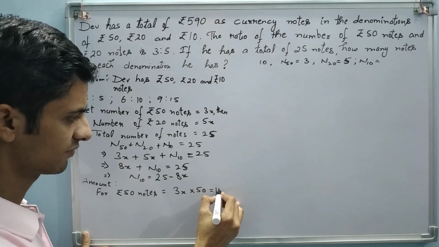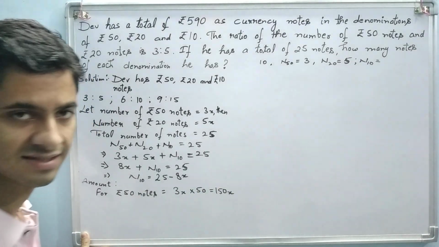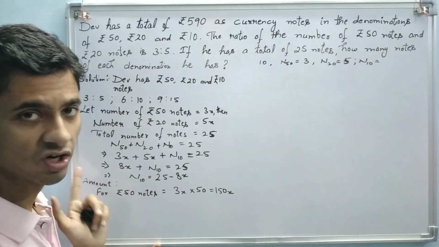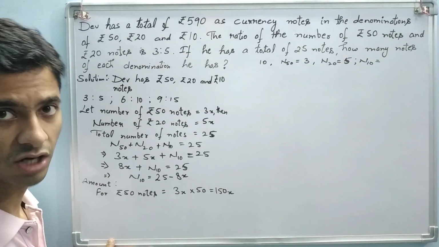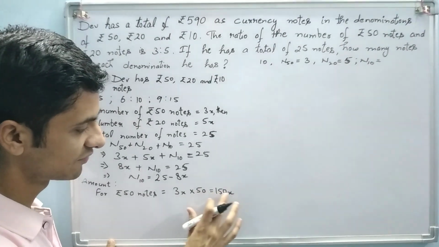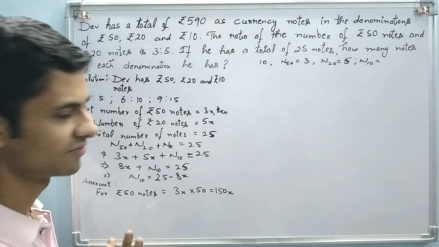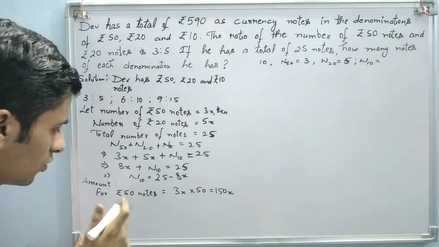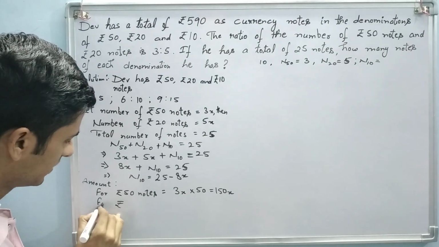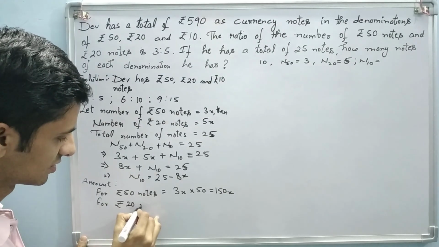It gives you 150x. We can multiply it. If it had been an addition sign, then we could not add. Unlike terms cannot be added, but they can be multiplied. 3x into 50 gives you 150x.